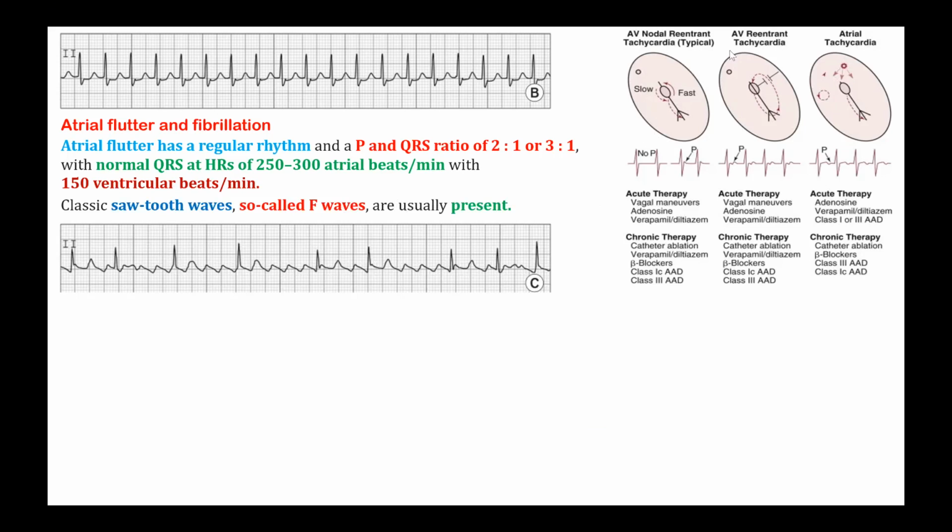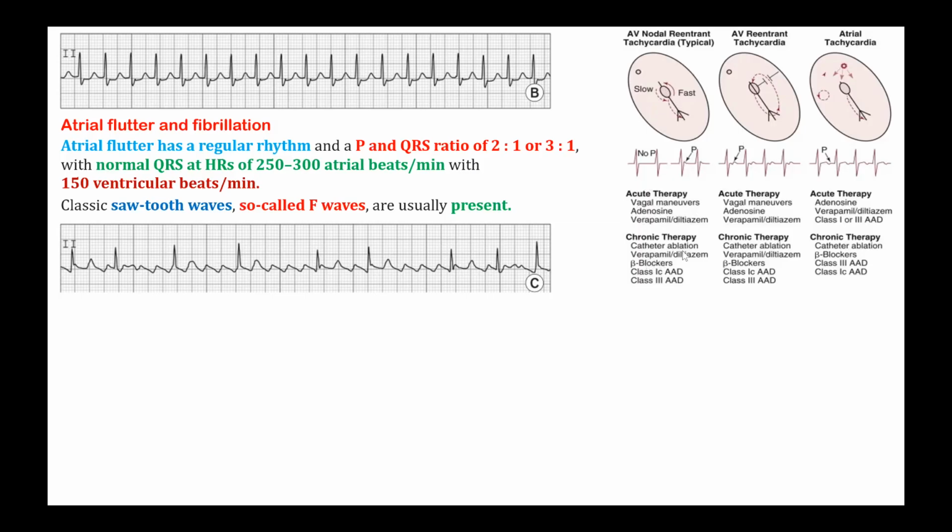This picture shows the acute and chronic therapy, because this may be an acute condition, or sometimes it may remain chronic. Atrial fibrillation and atrial flutter can occur in a chronic way in a patient as the so-called persistent or permanent type. This is mainly again a nodal re-entrant tachycardia. The acute therapy is the vagal maneuver, adenosine or verapamil.